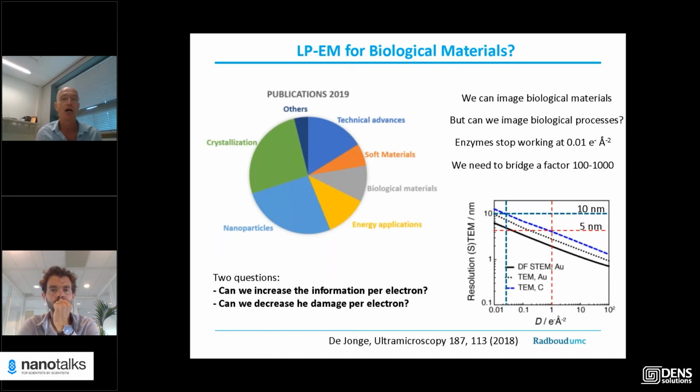So we need really sensitive single electron detectors. We need phase plates, but we may also need very efficient acquisition techniques such as sparse imaging, as developed by Nigel Browning and now also by Niels de Jonge. And I guess that the use of graphene liquid cells will also make a big step in bridging that gap.